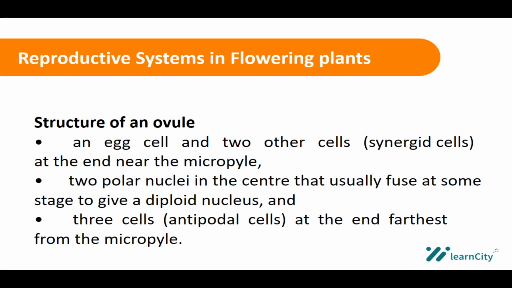Then we have two polar nuclei at the center, and they usually fuse at some stage to give a diploid cell. And also, we have three cells in the embryo sac called the antipodal cells, and they are at the end farthest from the micropyle.